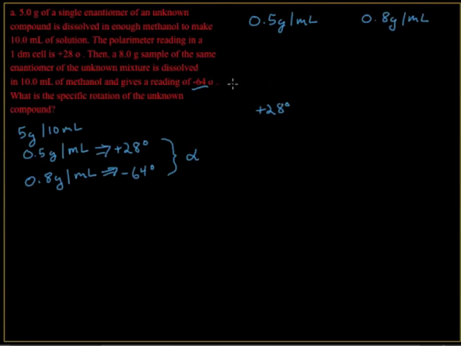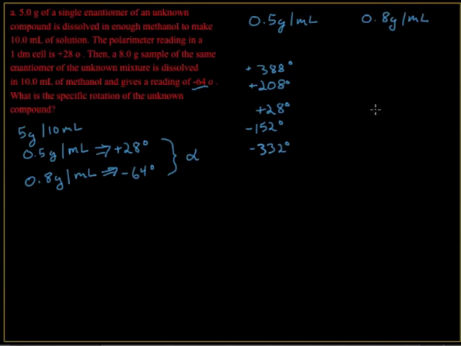Okay, so what's that do? Plus 28 plus 180 would be plus 208 degrees, plus another 180 is plus 388 degrees. Okay, and then if we were to subtract 180, we'd have minus 152 degrees, or another 180 would be minus 332 degrees.